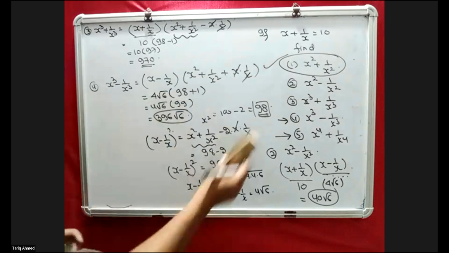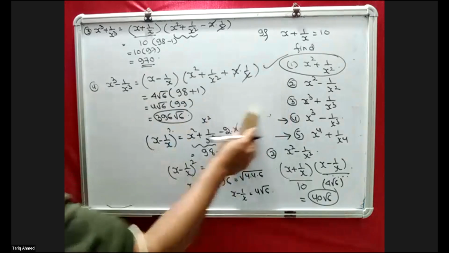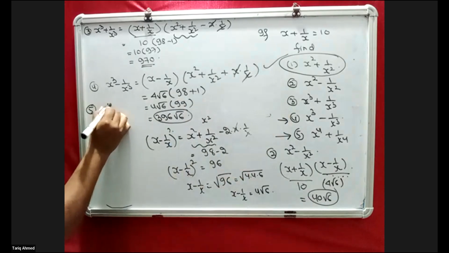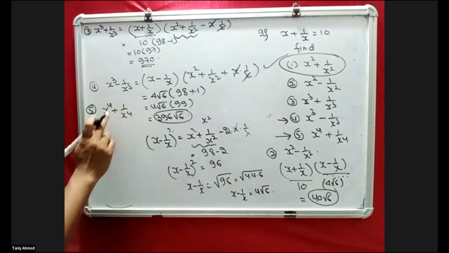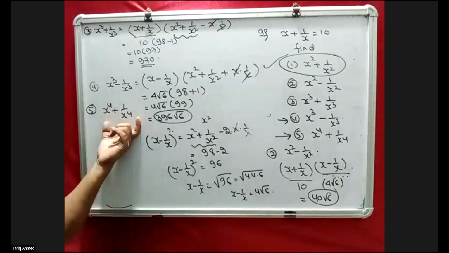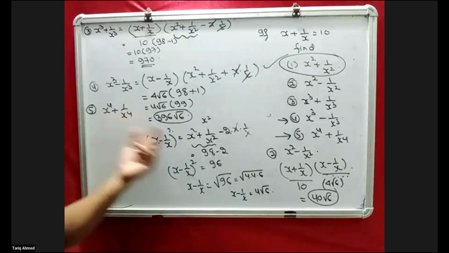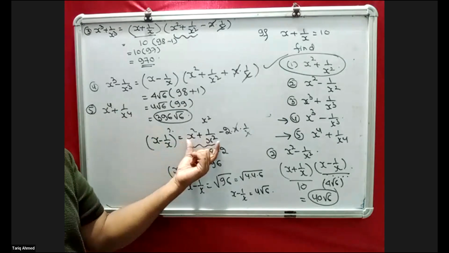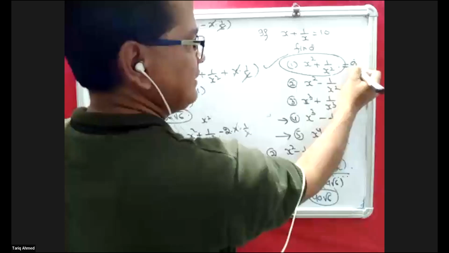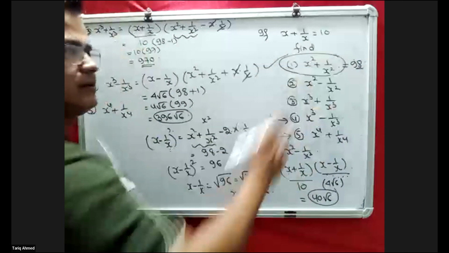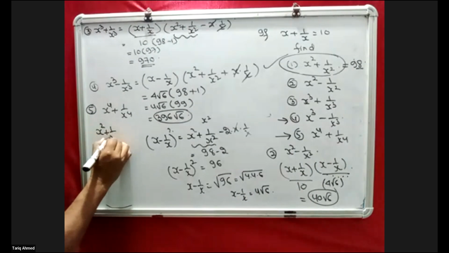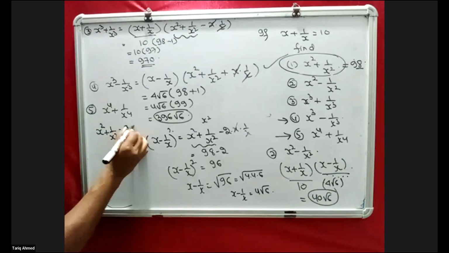Now we have to find the value of the last one, the fifth one, x to the power 4 plus 1 by x to the power 4. To find this, first of all we need the value of x square plus 1 by x square, which we have already found, which is equal to 98. So from here, we can start. We have x square plus 1 by x square equals 98.